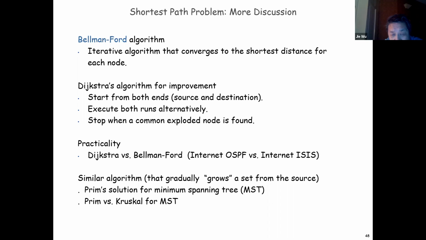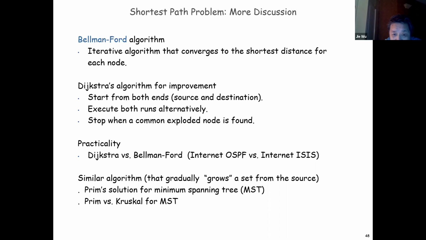If you want to know more details, you can look on the internet. In real internet routing, they have two separate versions of routing for shortest path, one Dijkstra and one Bellman-Ford. There are lots of debates on which is better. I cover that in my other class, distributed algorithms or distributed system design, so I'm not going to discuss it later.